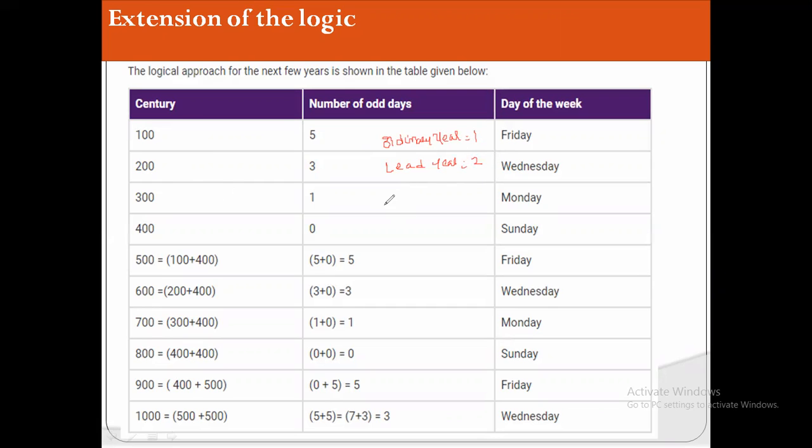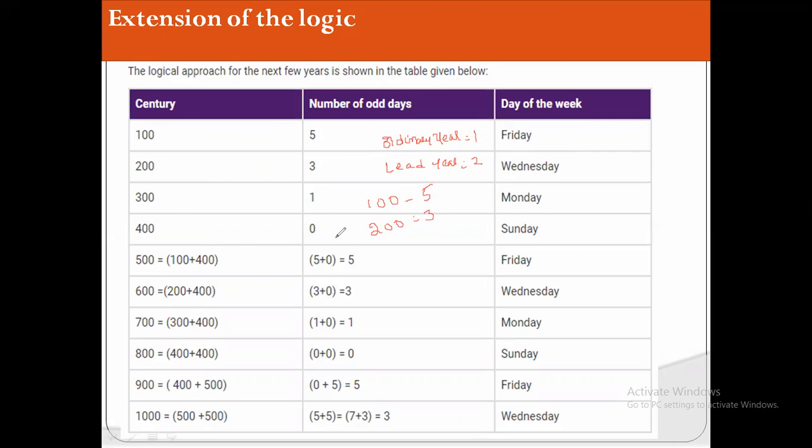When 100 years accumulate, that is a century, it will have 5 odd days; 200 years has 3 odd days; 300 years has 1.